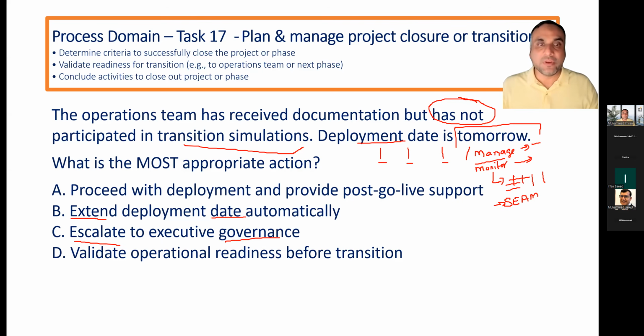Validate operational readiness before transition. So if you look at the whole point of discussion, what we were doing here is that we have to validate before reaching the point of transition. So validate operational readiness is the correct answer. Make sense? Let's go next.